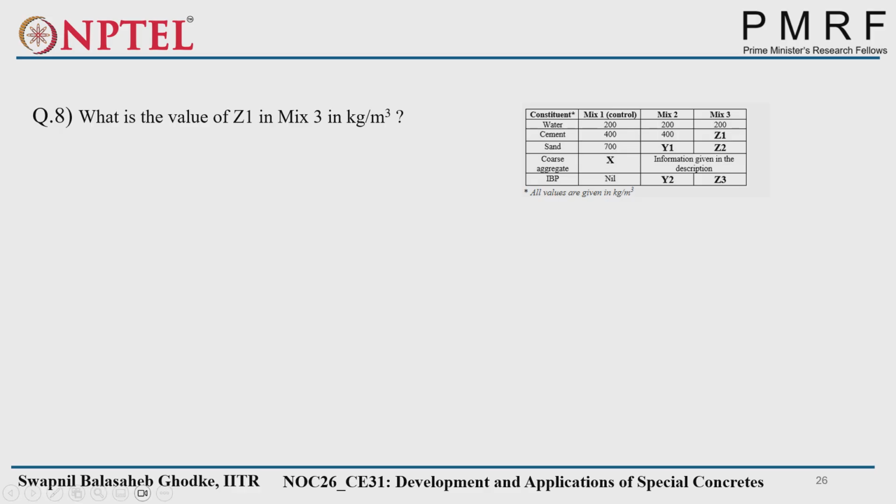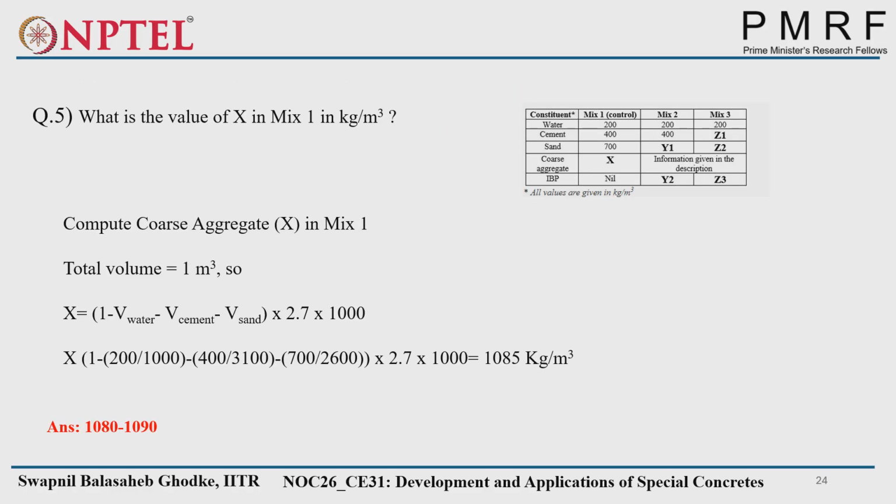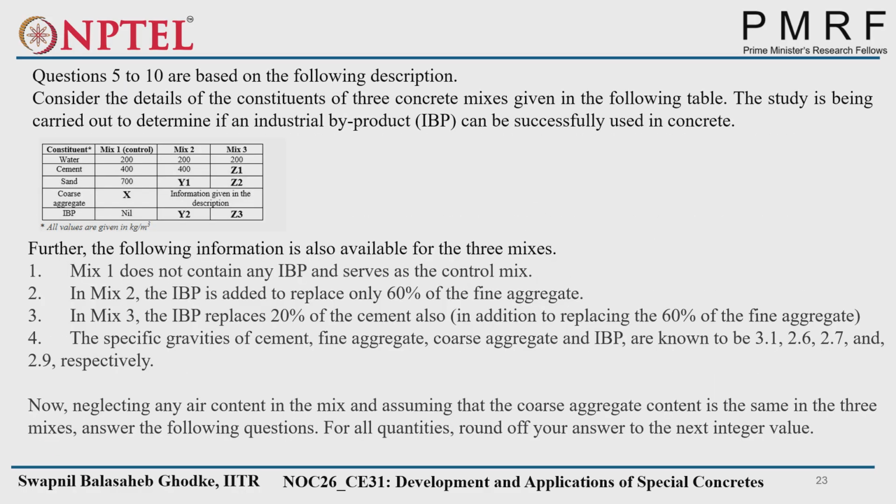Yes. So in mix 3, they ask Z1, Z2, and Z3. What information is given? In mix 3, IBP replaces 20% of the cement also, in addition to replacing 60% of the fine aggregate.